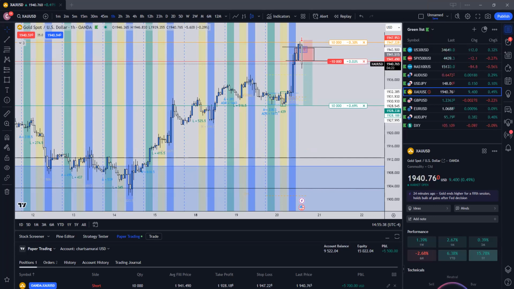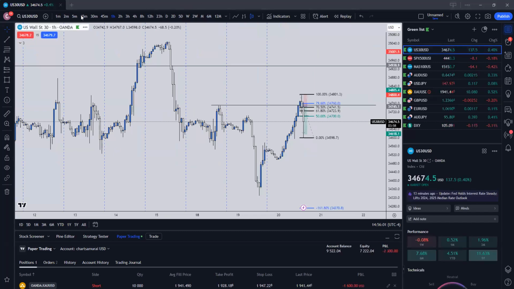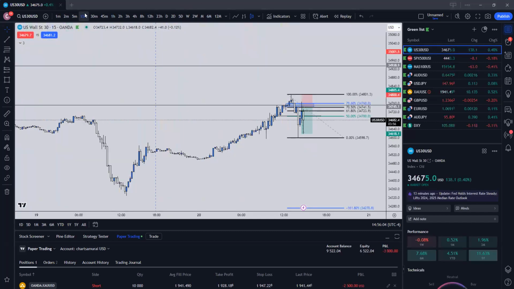Monday, Tuesday, accumulation, Wednesday, manipulation, and Thursday and Friday is distribution. And I'm curious how this daily candle is going to close because it looks like it's going to respect the fair value gap you have on the daily. And, you know, wicks can do the damage. But yeah, the daily candle is almost bearish at this point. So that's what I would anticipate.